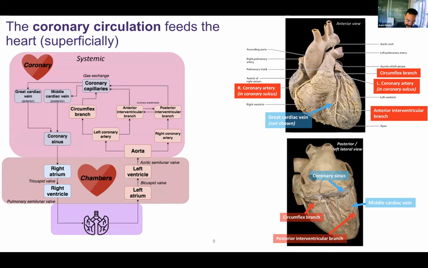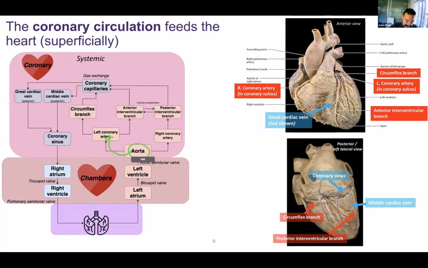Here's our schematic on the left. You can see that starting from the aorta, we could go to the right coronary artery, posterior interventricular branch to get to the posterior heart. Go to capillaries, come back on the middle cardiac vein, coronary sinus, right atrium. That's one circuit. We could go left coronary artery.